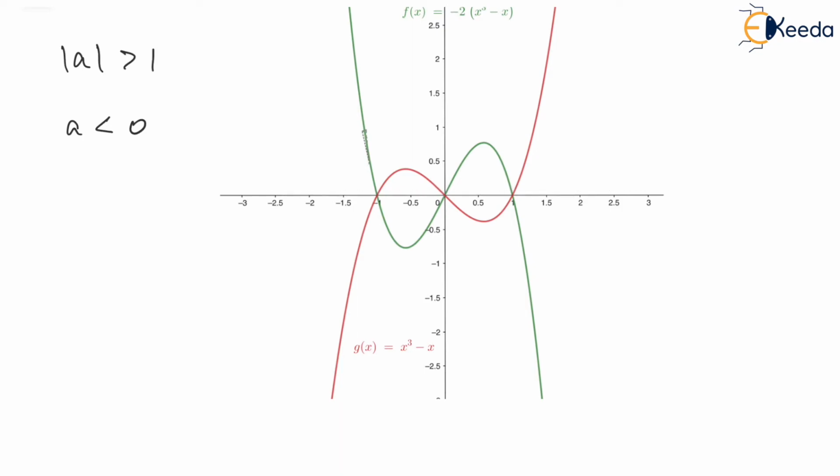So whatever we had as this one, now it has changed to this one, and that is because of the negative sign here. Although this 2 helped for the vertical stretching, because of this negative sign, it has got inverted about the x-axis. So we are still in the case of stretching here.